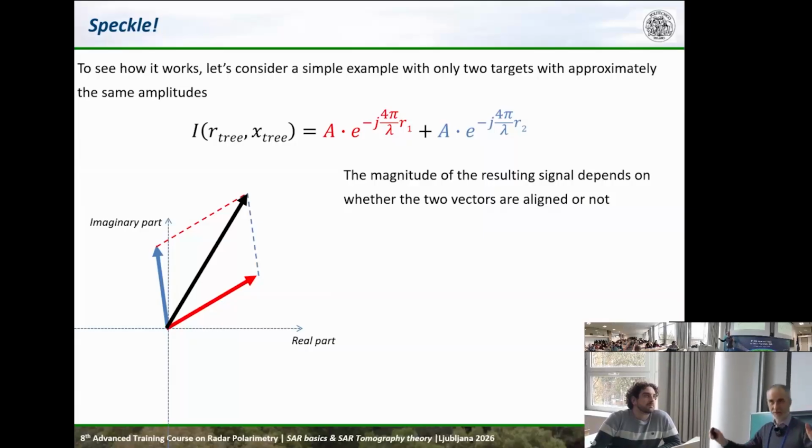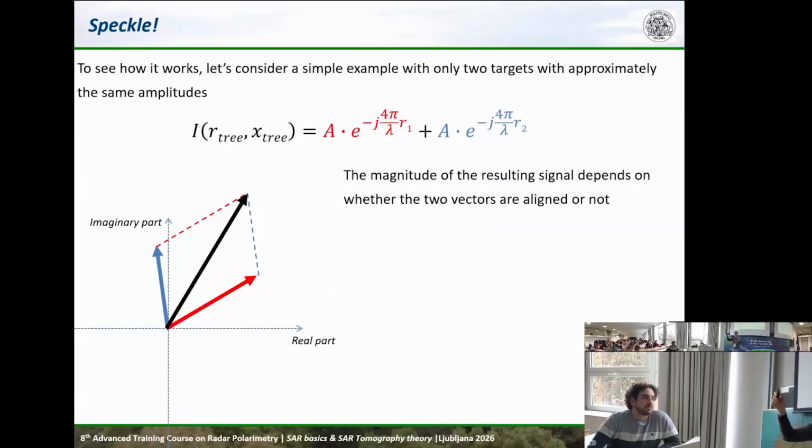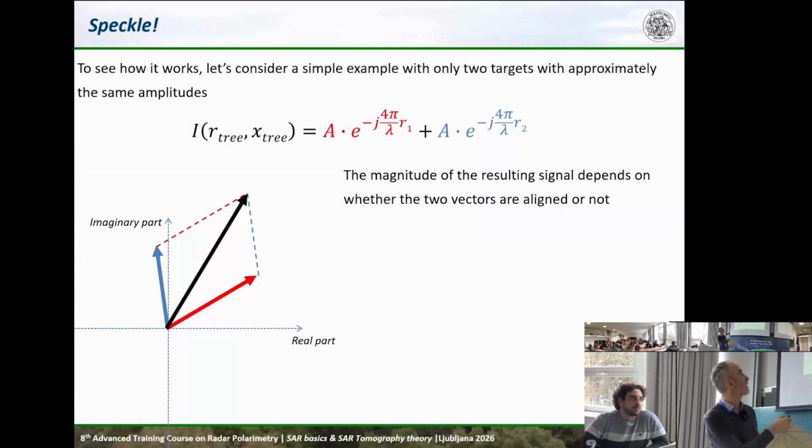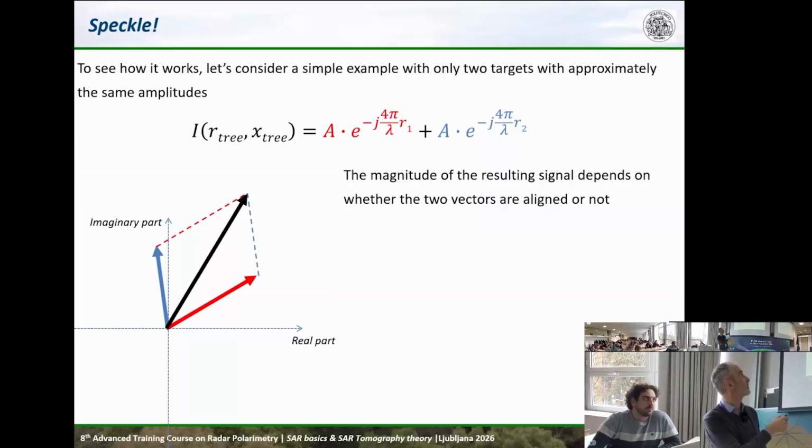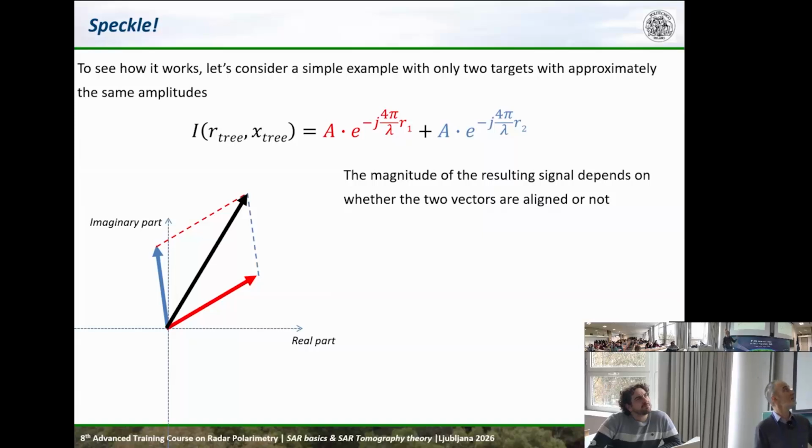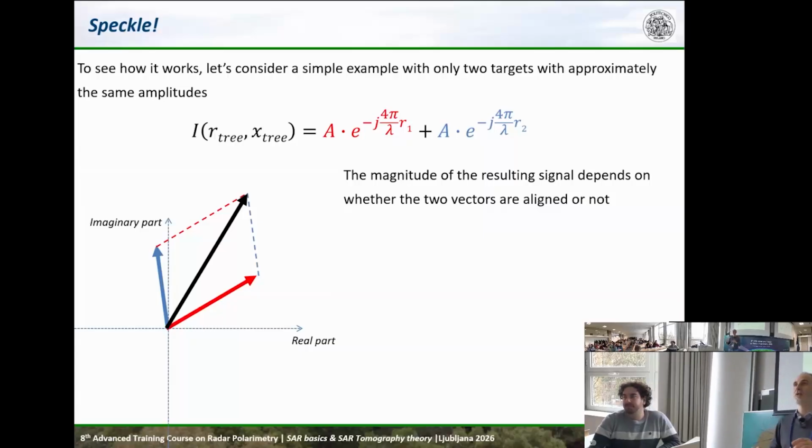Yeah, okay, we're fine. And so we produce the black vector, which is actually the complex number of that one pixel. It is the result of all the targets within the resolution cell for that pixel. And you see that the magnitude of this vector, so the length of this vector, depends on whether the two vectors, the blue and the red one, are aligned or not.